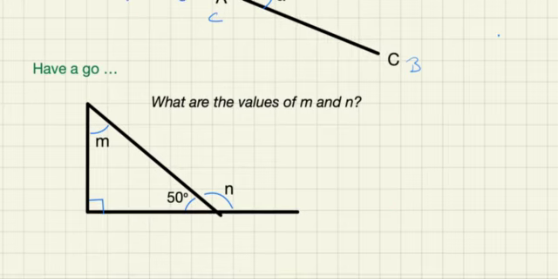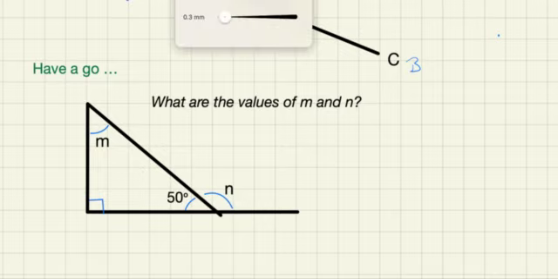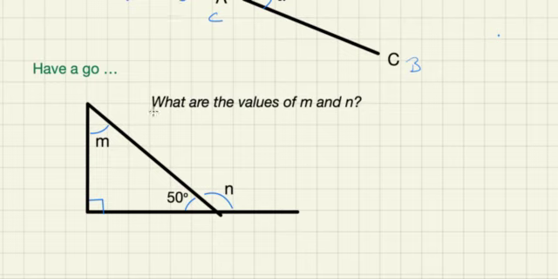So armed with all the information that we've just covered, let's have a go at working out some of these things. So here we have a triangle, and because it has this sign here, it means it's 90 degrees, and this is a right angle triangle.